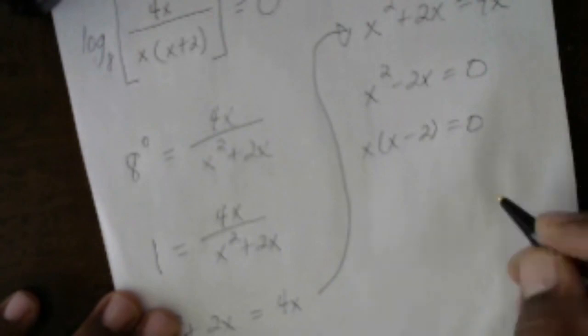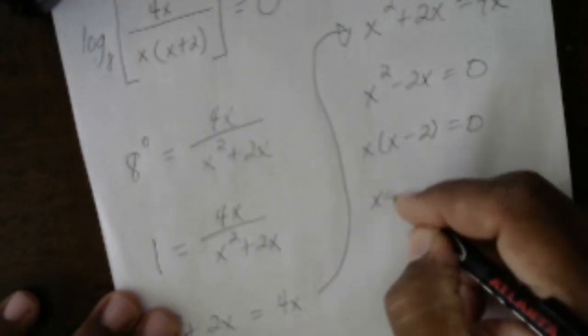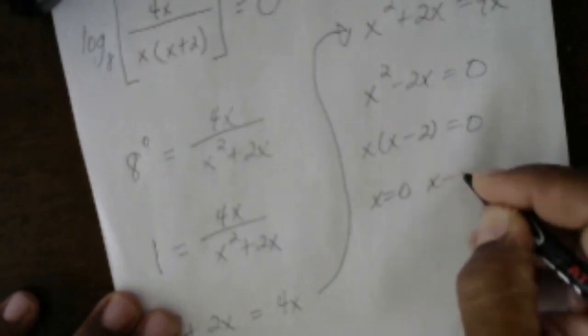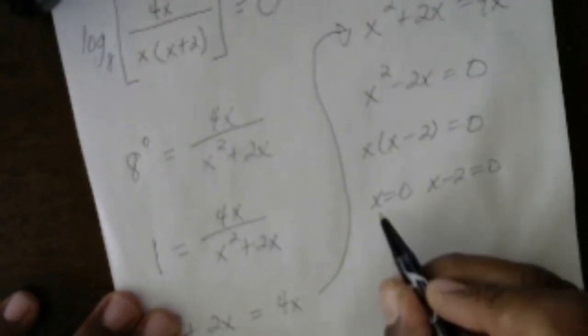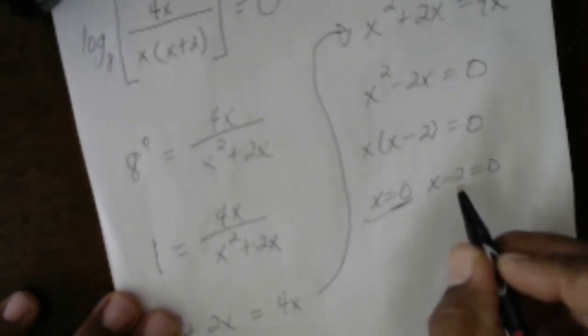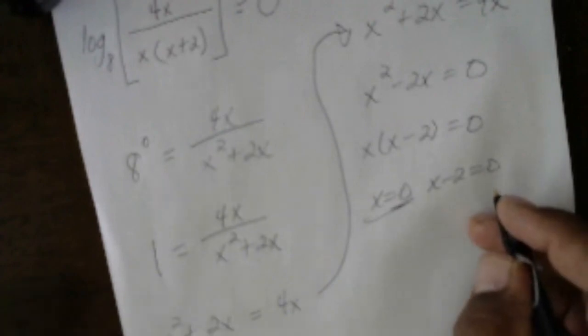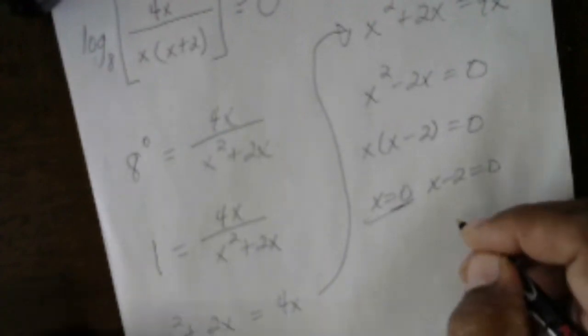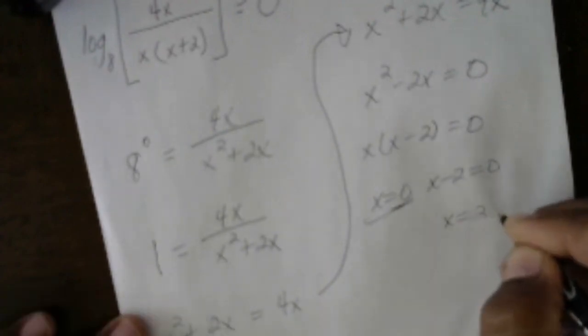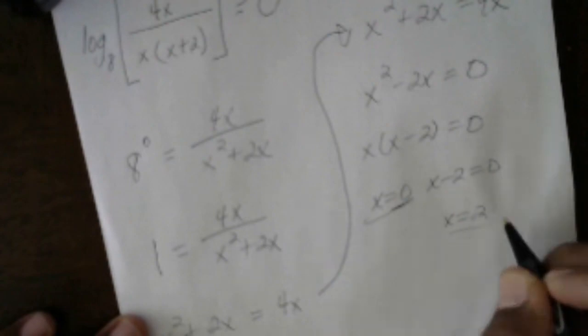I want to use the 0 factor property. So I have one solution here, x equal to 0. Here I'm going to add 2 to both sides. And I have x equal to 2.